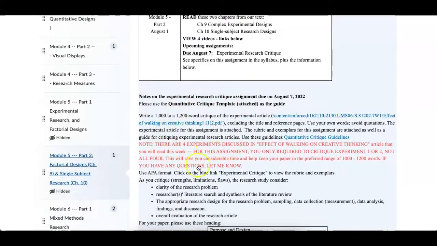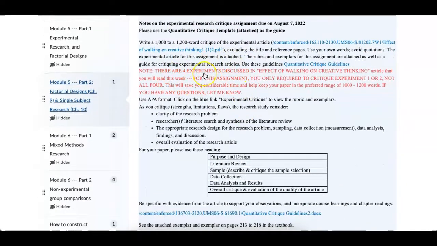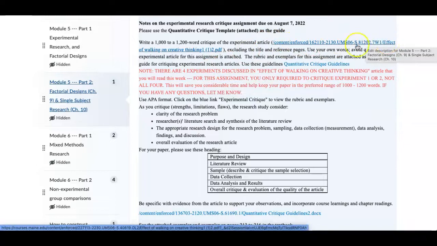One other key that I wanted to mention while I have everybody's attention in this introduction video is that in the quantitative critique, or this is the experimental critique, there's 4 experiments in that particular paper. So I want you to read the entire paper, The Effect of Walking on Creative Thinking.